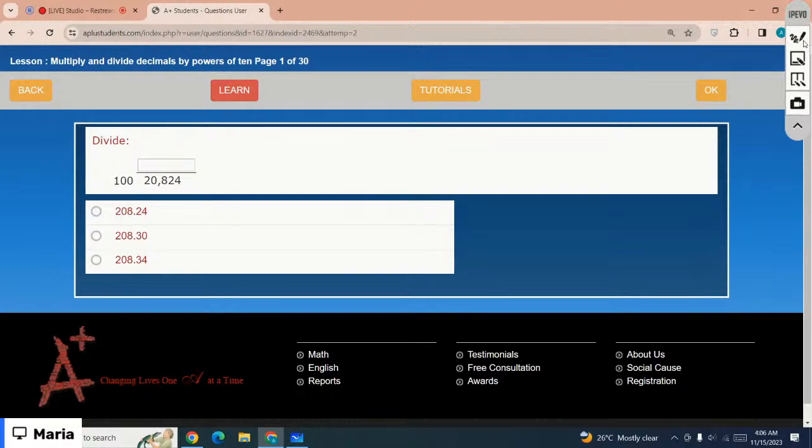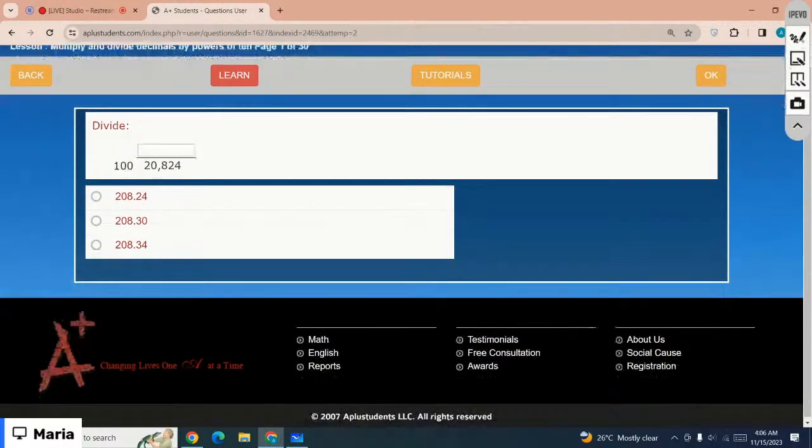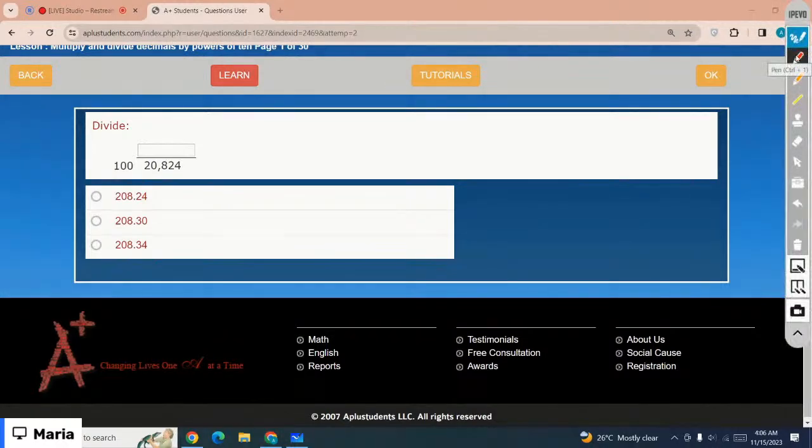So here in this one, 20,824, the decimal point is here. You need to move two places left, so it would be moved from here to here. So it is 208.24, right? You don't have to actually divide, you just have to use these rules to find the answer. So the correct option is 208.24. Option number one is the correct option.